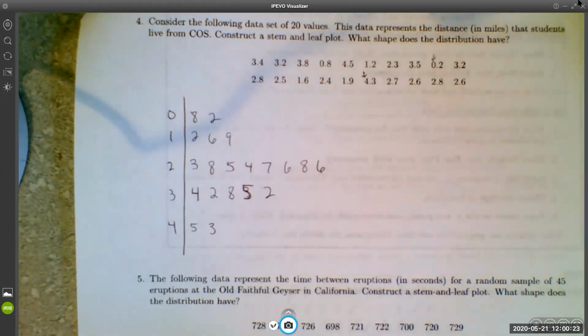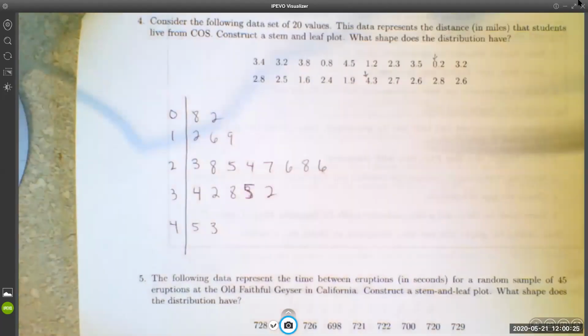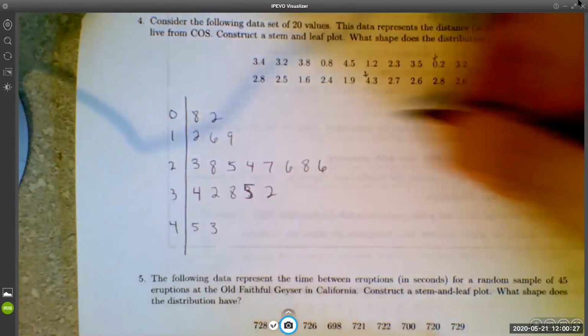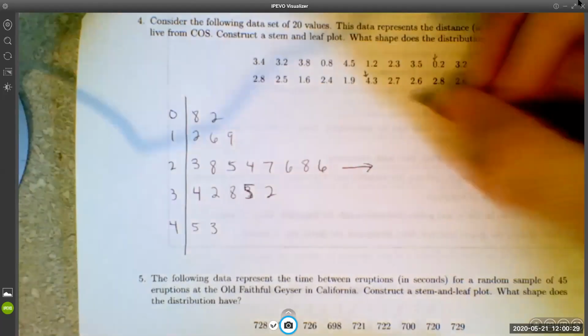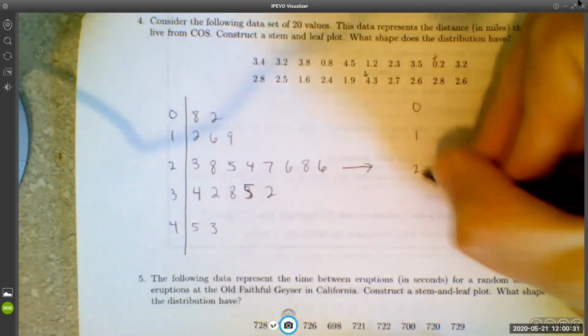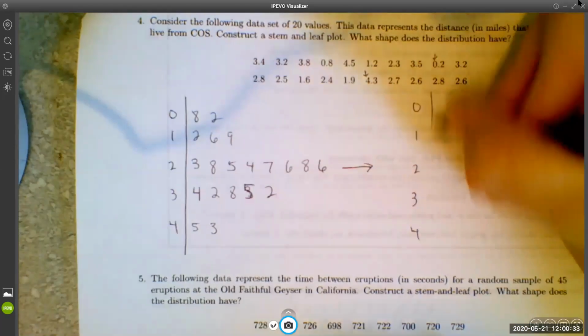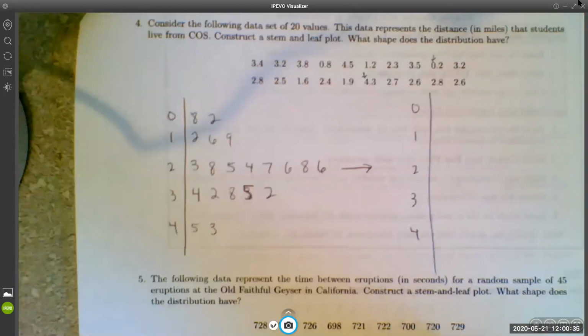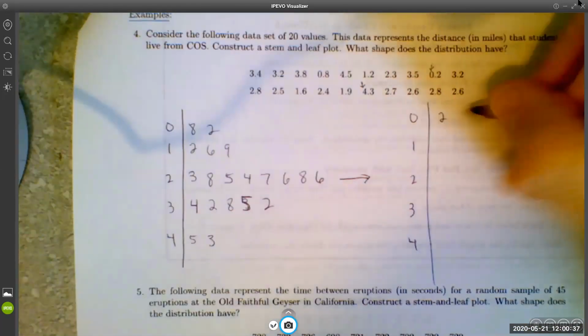My final draft needs to put the leaves in order from smallest to largest. So I'm going to redraw this now: 0, 1, 2, 3, 4. I'm just going to rearrange my leaves so that they're in order. 2, 8. Oh, this one's already in order. 2, 6, 9.